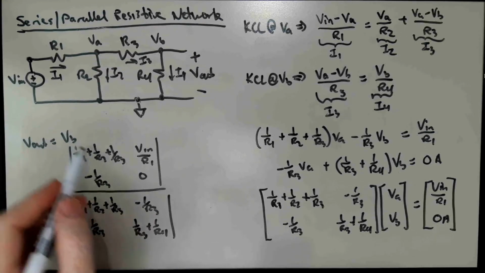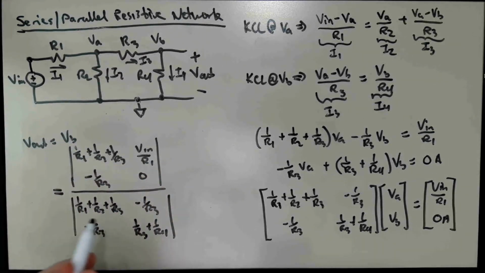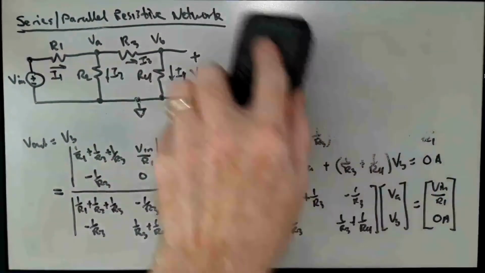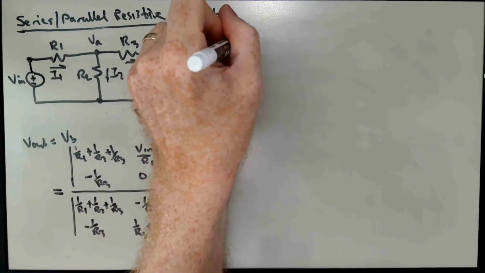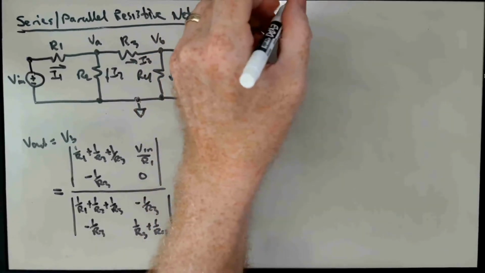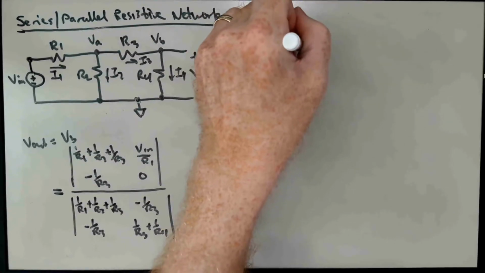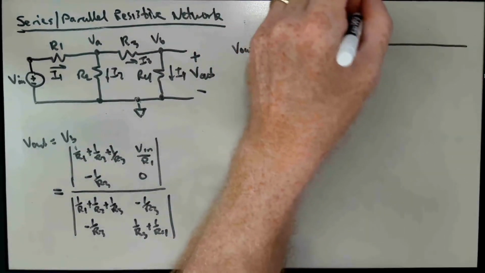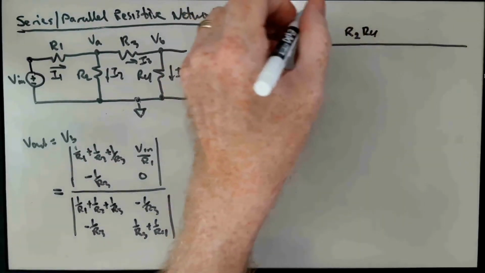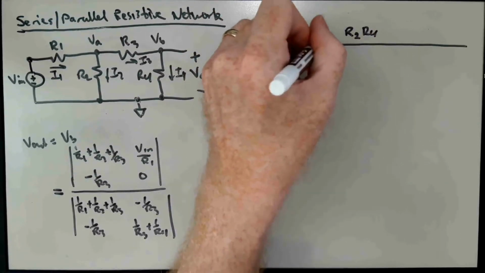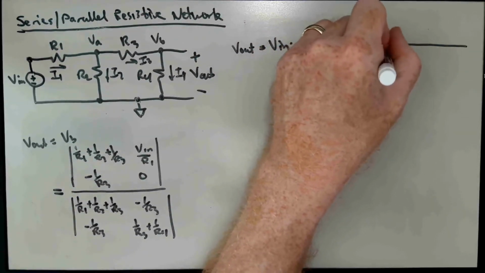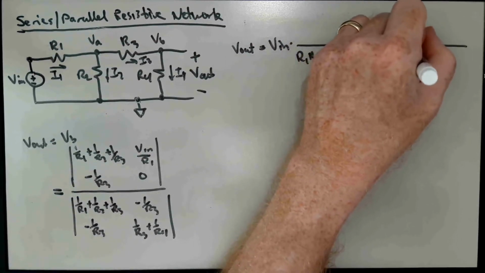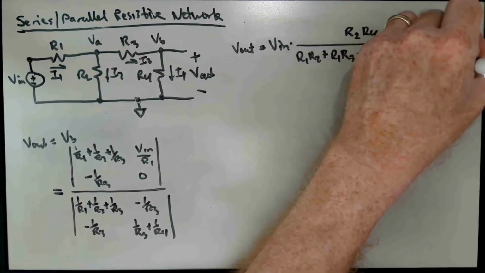You basically multiply the main diagonal and then subtract the multiplication of the off diagonal or anti-diagonal term, and when you do that and simplify, what you get out is Vn, or rather V out, is equal to Vn times, in the numerator we get R2 R4, in the denominator we get R1 R2 plus R1 R3 plus R1 R4 plus R2 R3 plus R2 R4.